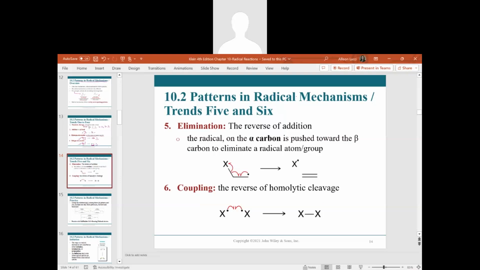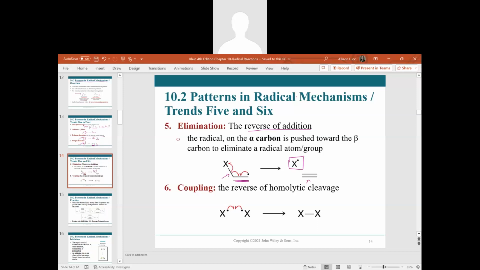Now we have an elimination pattern. This is the reverse of the addition that we saw previously. So we can have our X species generated here through movement of that radical electron. One of the electrons in this single bond to the X moves in, and the other electron from the radical site moves in, and we form a pi bond here.